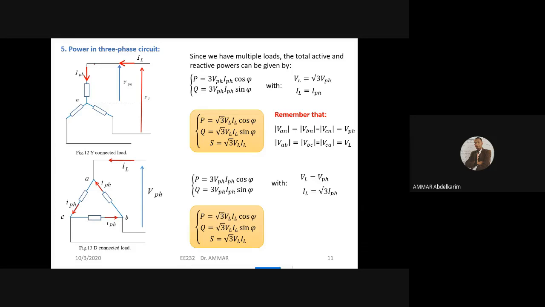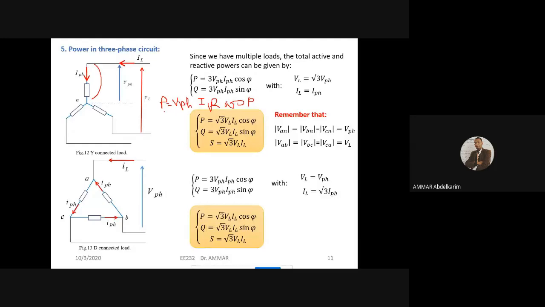When we take a single load, the power of this single load equals V phase times the current, because V phase is the voltage across the load, not the line voltage. The current is the same as I line. So P equals V phase I phase cosine phi or delta.